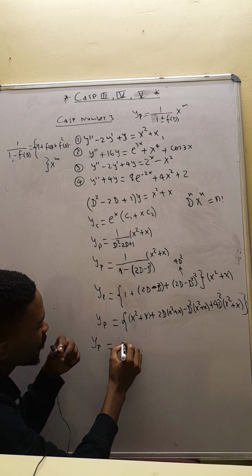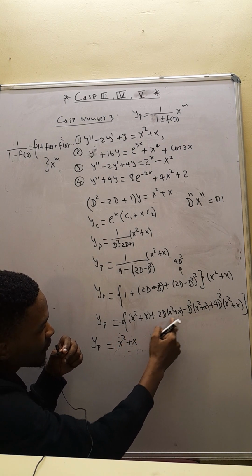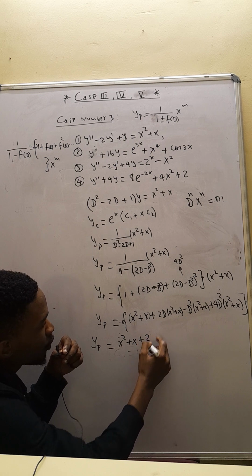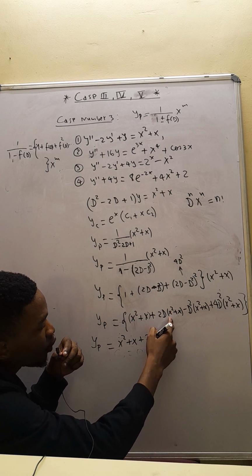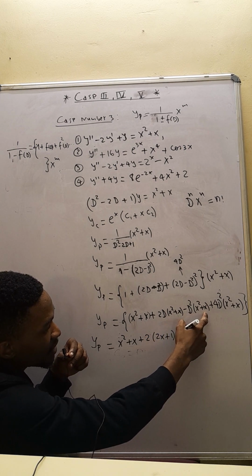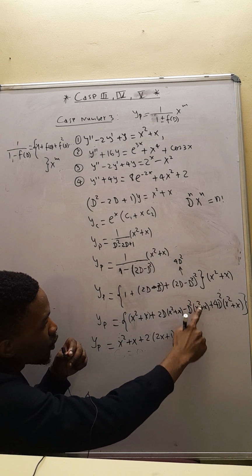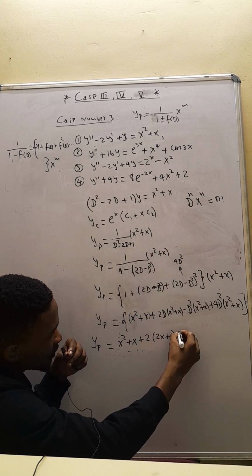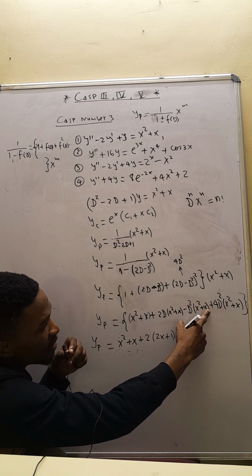So yp will be equal to x squared plus x, plus 2, applying differentiation to this one time. This will be only 2x plus 1. And here apply differentiation 2 times. It will be only 2 factorial. That will be only 2. And here if you apply differentiation 2 times, it will be 0.